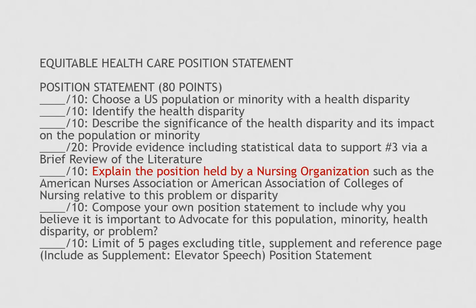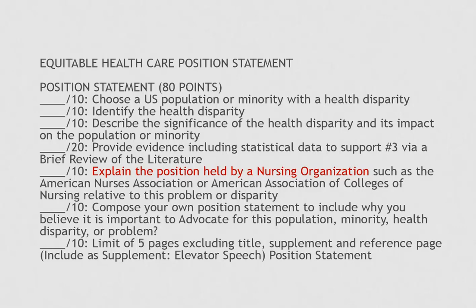Next, the paper requires that you provide a position statement by a professional nursing association. Now remember, if you're writing a paper, the position statement does not have to directly relate to that exact subject. So let's say you're talking about lack of access for African Americans having colon cancer screening as your paper subject. You don't need to find a nursing position statement on that particular subject.